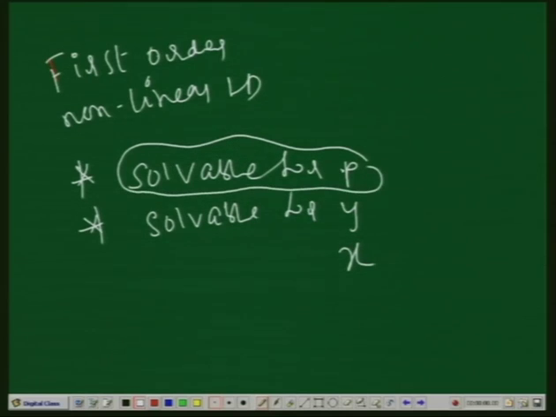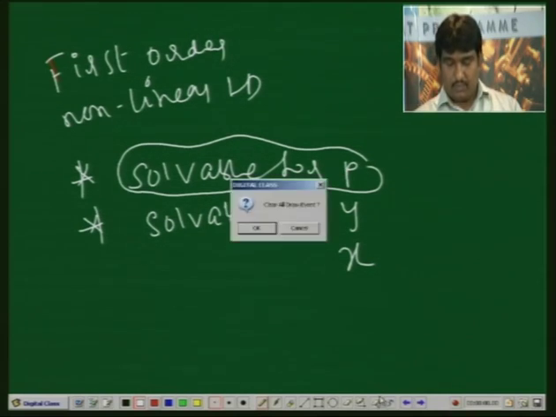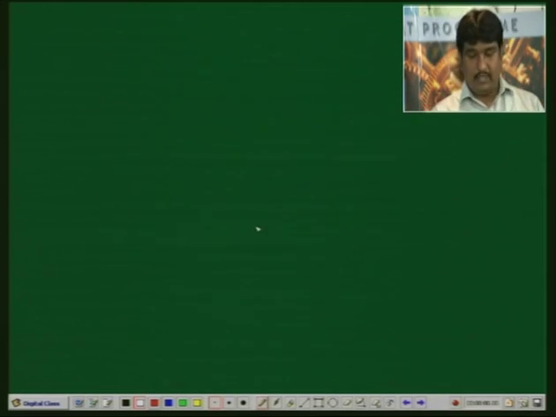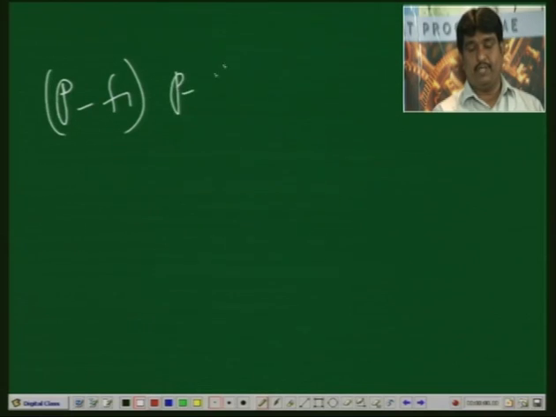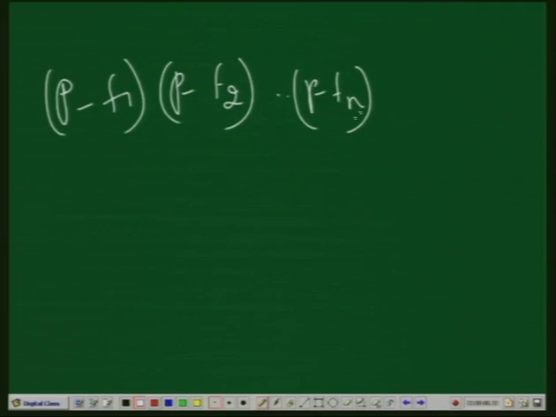You know, it will be in the form of p to the power of n, some function of x and y into p to the power of n minus 1 and so on. It can be treated as a polynomial in p. You just find the factors, like p minus f1 into p minus f2 ... p minus fn equals to 0.